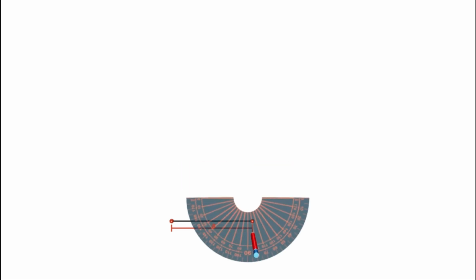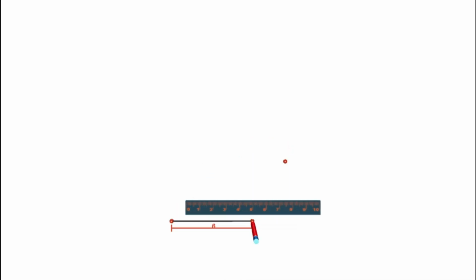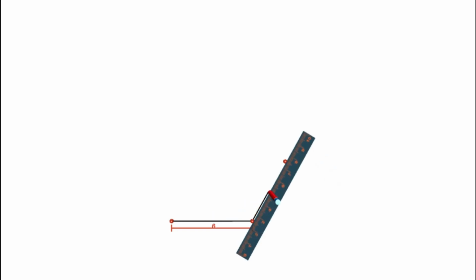Draw a line. You can take any measurement. If all the angles of a hexagon are equal, each angle is equal to 120 degree. Therefore, take 120 degree at one end of this line and draw a line. Let the length of the line be different.